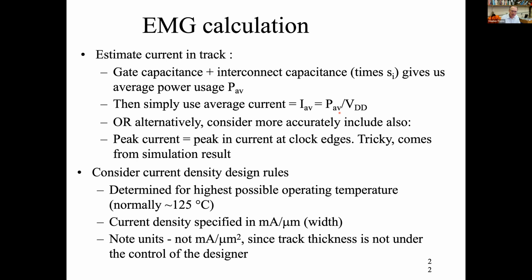But the thickness isn't in the control of the designer. So from the designer's point of view, having a rule of thumb says maximum current density per micron of width is useful and gives us a general feeling of what widths we need to use.